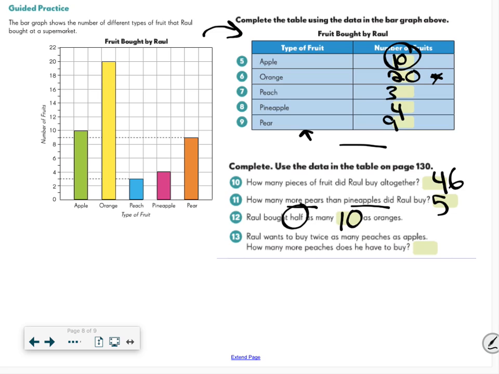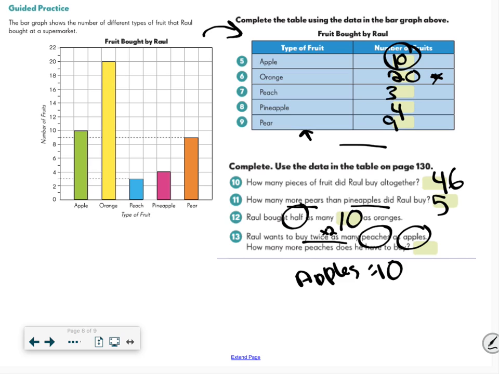Last one. Raul wants to buy twice as many peaches as apples. Let's see. Twice as many. I know that's times 2. So how many more peaches does he have to buy? Oh, this one's tricky. Well, let's see. How many apples are there? There's 10. And he wants to buy twice as many peaches as there are apples.